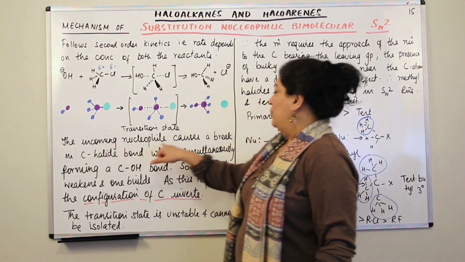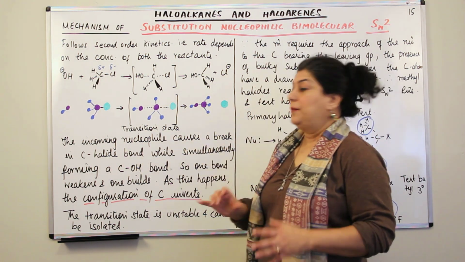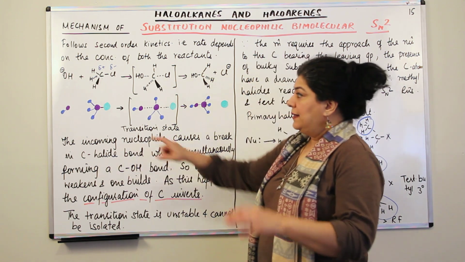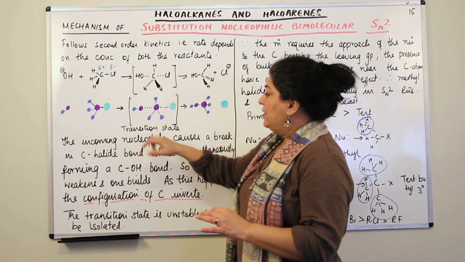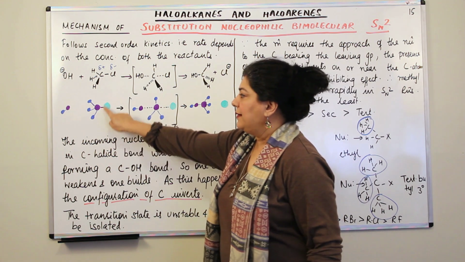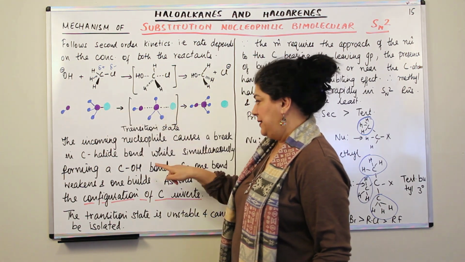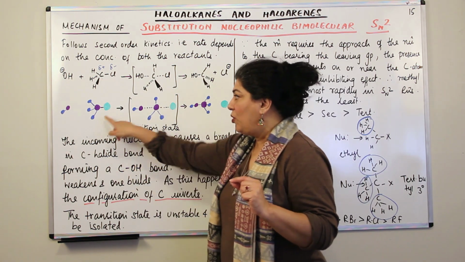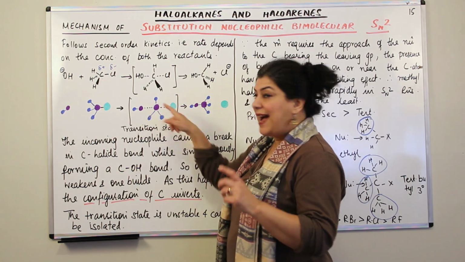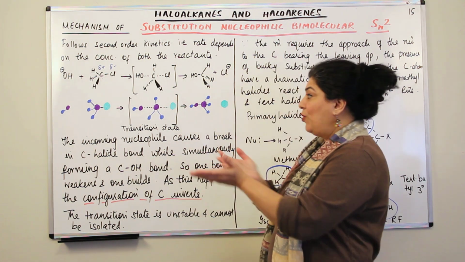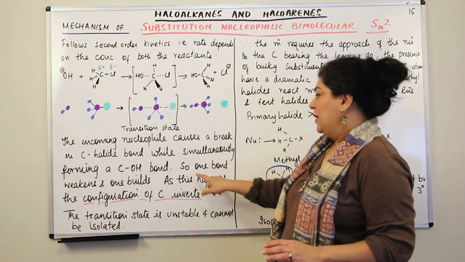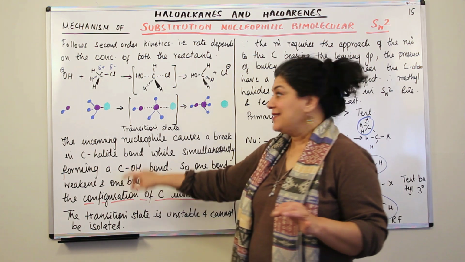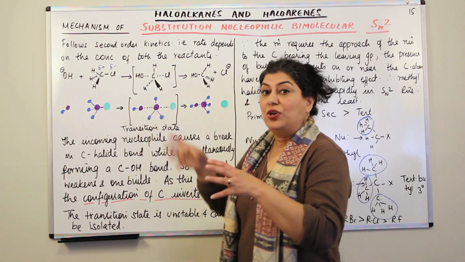The incoming nucleophile causes a break in the carbon halide bond, while simultaneously forming a carbon OH bond. So it's causing the break, but at the same time it is forming a new bond between carbon and oxygen. So one bond weakens and one builds.